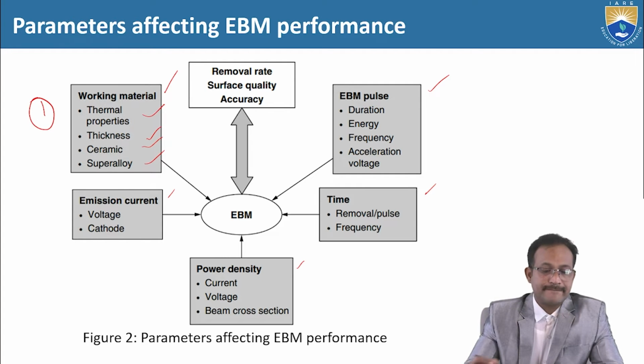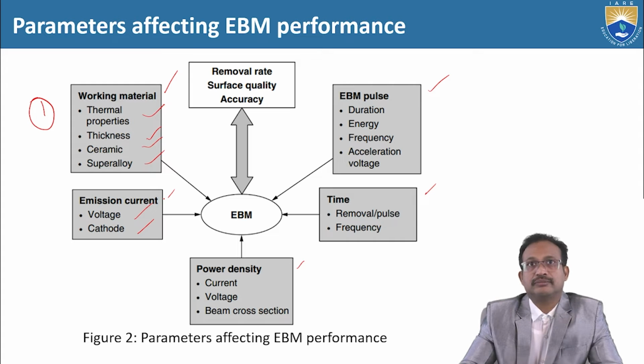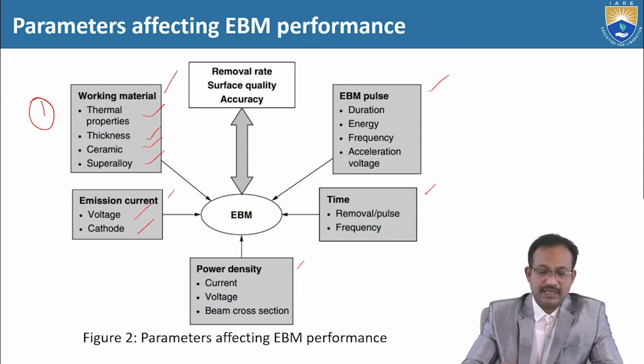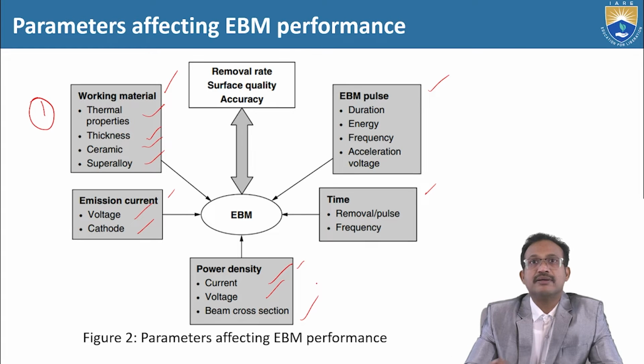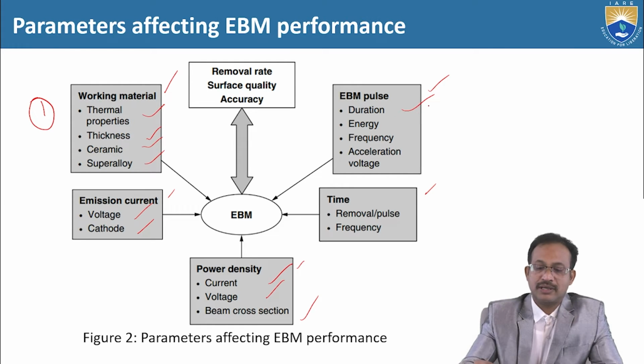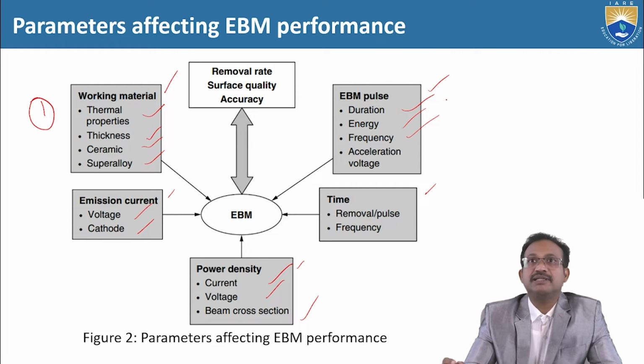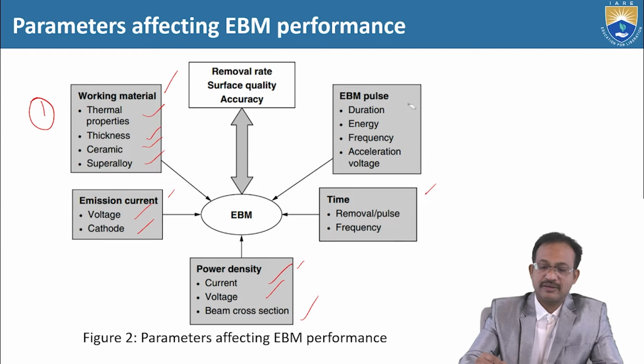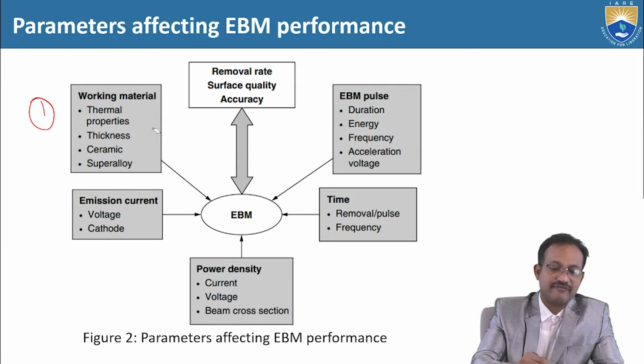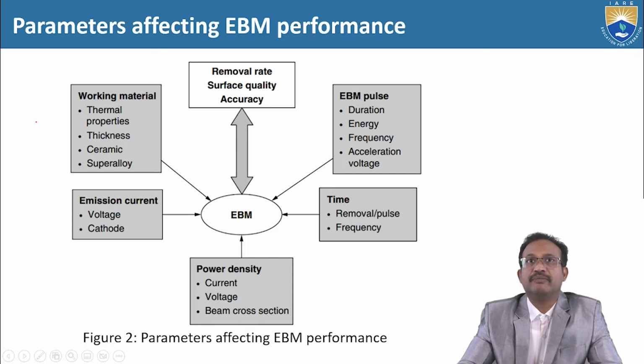Emission current: voltage, cathode. Power density: current, voltage, beam cross section. EBM pulse: duration, energy, frequency, acceleration voltage. Regarding time: removal and pulse, and frequency. So these are the various parameters affecting the performance of electron beam machining.